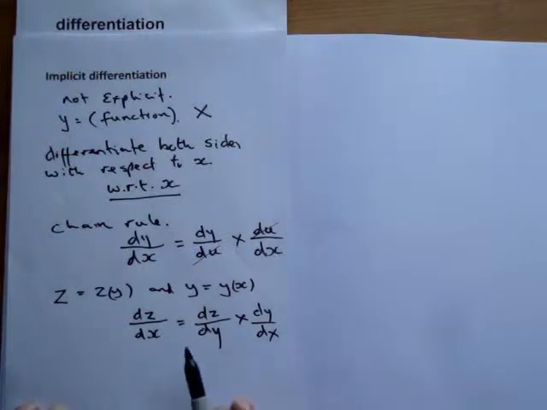So the dy's cancel out and we're left with dz over dx.